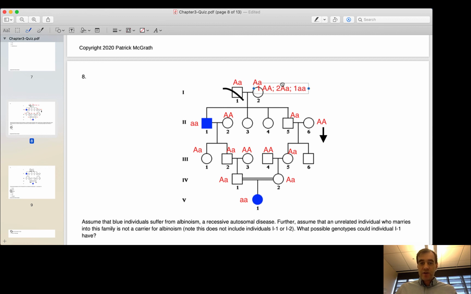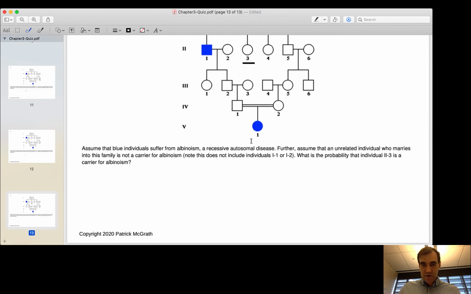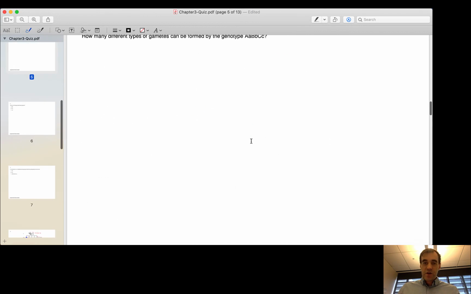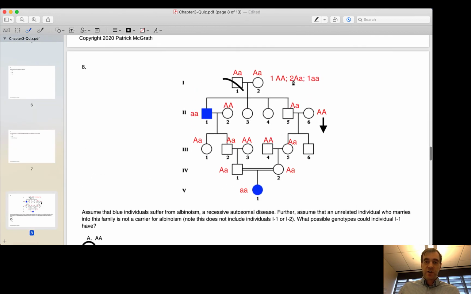So initially we might think that there's a 50% chance that this individual is a carrier. Is that the question? Is it a carrier? Yep. So initially we might think that this person has a 50% chance of being a carrier.